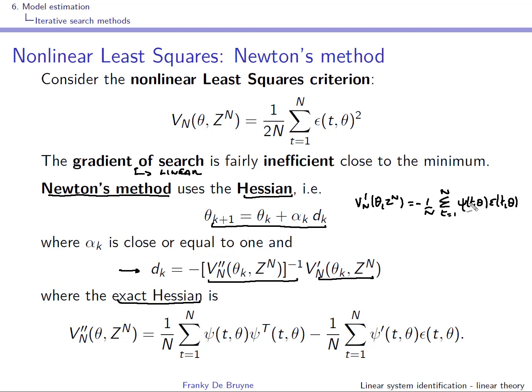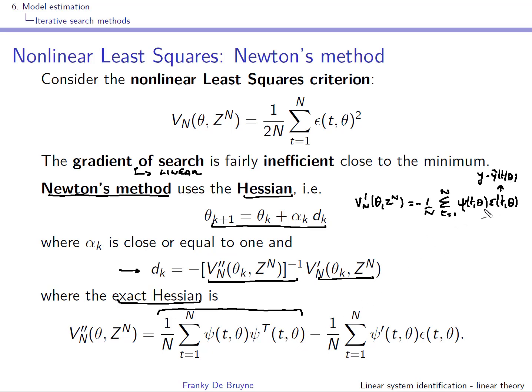One involves the derivative of epsilon with respect to theta. Remember that epsilon is y minus the one step ahead prediction, so if you take the derivative there will be a minus sign that cancels out with this one. This explains why you have a plus sign over here, and then you have the derivative of the one step ahead prediction with respect to theta.